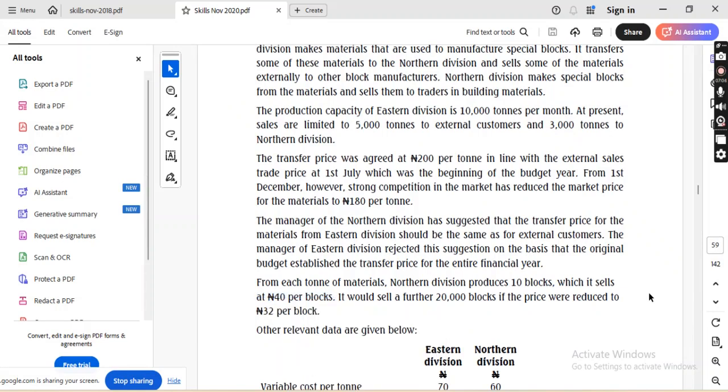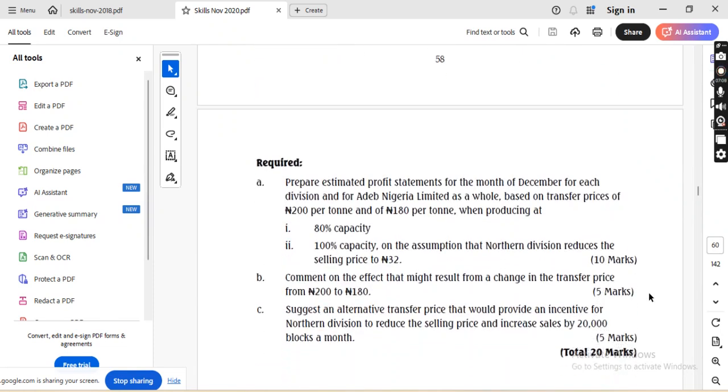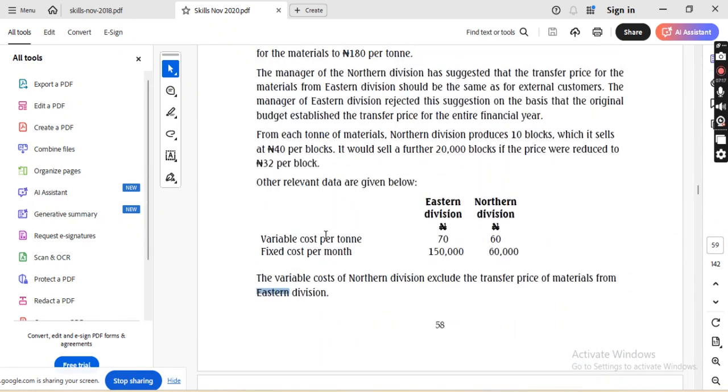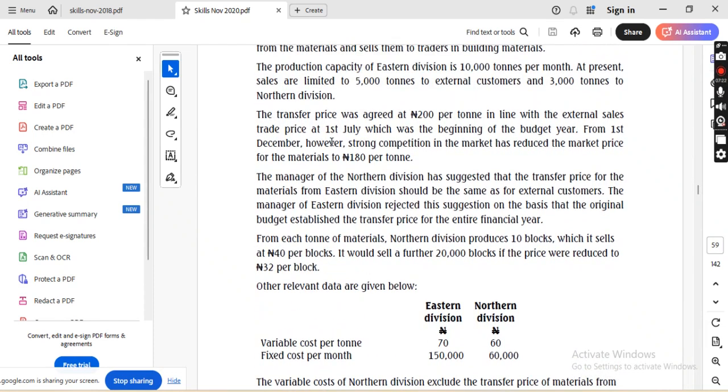Adekoya, we read this requirement together, right? And what is required? It said it should be based on 200 per ton and 180 per ton. And don't forget that the market is dynamic. They did not state it in the last paragraph, but look at it: the 200 per ton in line with the external sales, then again there is a change in the market to 180 per ton.